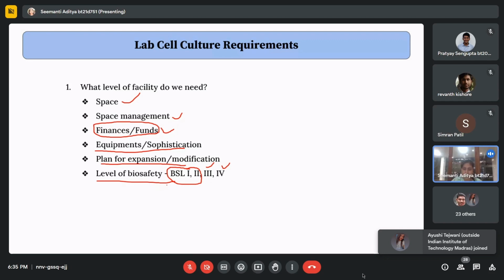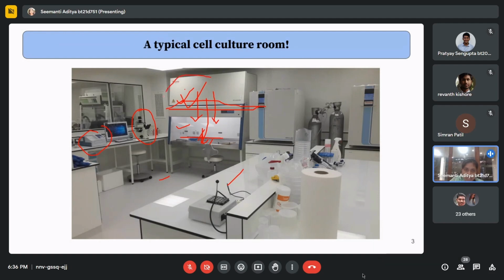The biosafety level, or BSL, is actually for the hood that we are using. These hoods are designed for different kinds of microbes or different kinds of cells, so depending upon what kind of cells you are working on, the hood differs. The incubator is mostly the same for all kinds of cells, whether viruses or bacteria, because when we are pelleting the cells or trypsinizing the cells, that is the time when the cells can contaminate the surface.